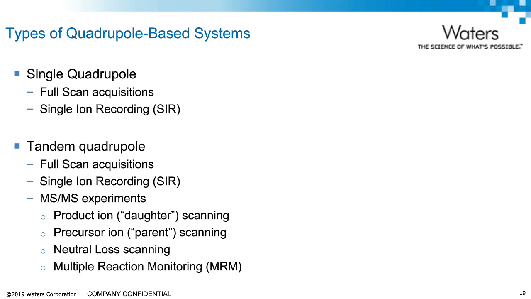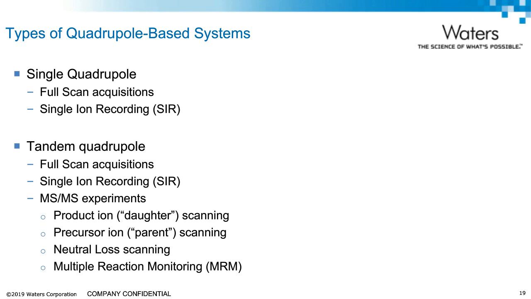Now, tandem quadrupole MS systems have a collision cell in place between 2 quadrupoles. This allows fragmentation experiments to occur. These are known as MS-MS experiments.